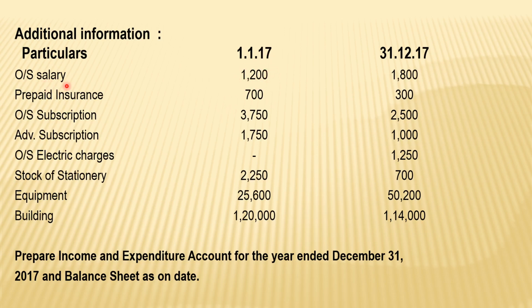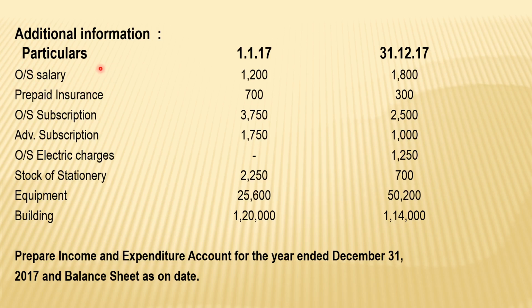If you add any accounting phrase to a nominal term, any expenses or income, then that expense or income or nominal term is converted into either an asset or a liability. For example, salary is simply an expense, but we are adding here the accounting phrase outstanding. So the expense is converted to a liability.